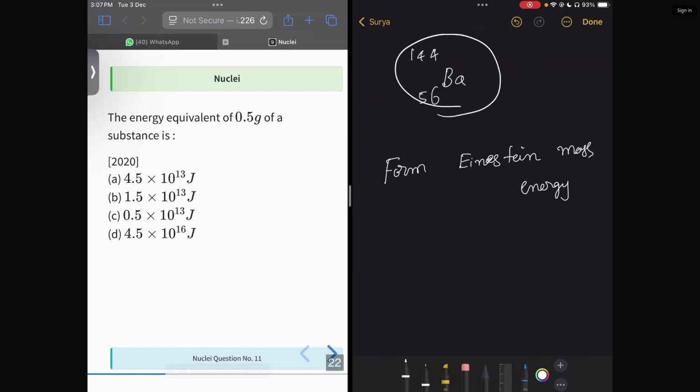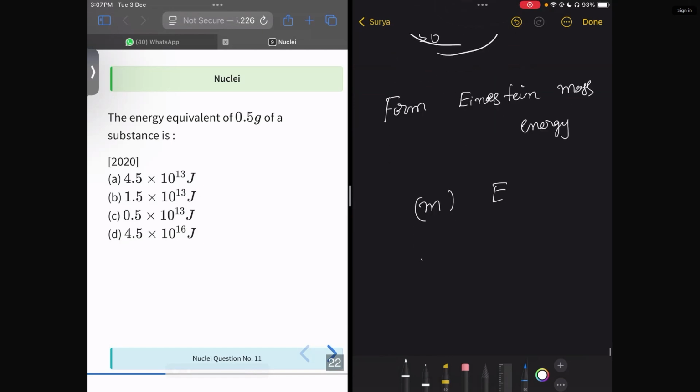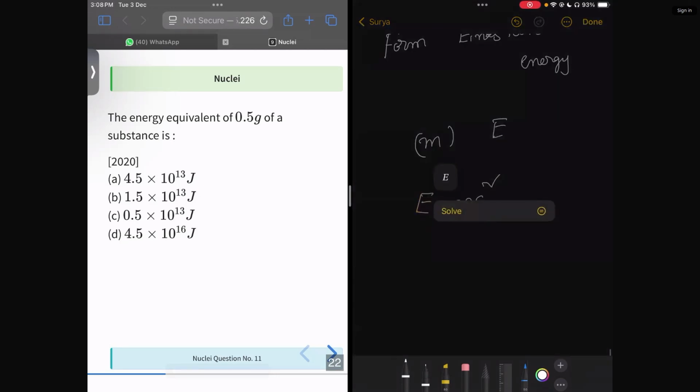We know the relation between the mass of the substance m and the energy E. What is the relation? E is equal to mc square. So c is the speed of light, right?